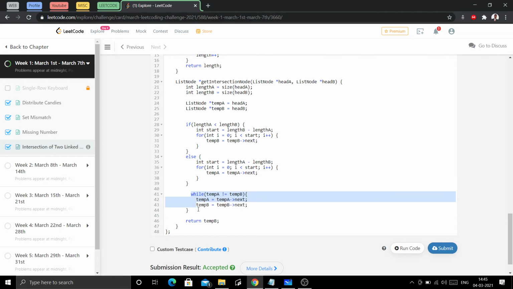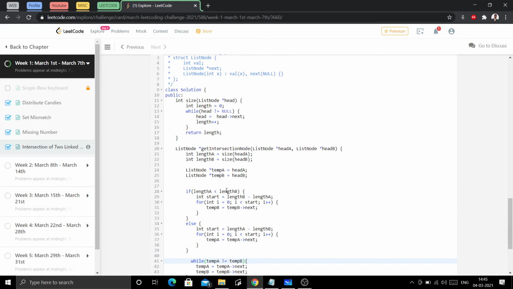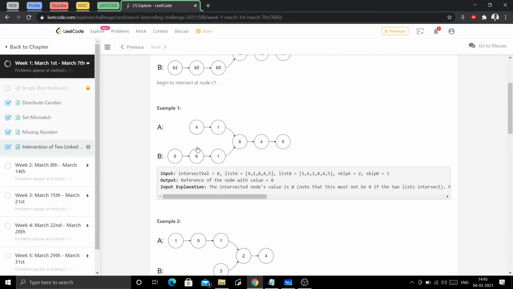In the next step, we iterate over both the linked lists step by step, and we will get to know at which point they intersect. So while temp A is not equal to temp B, we are basically comparing the nodes, not the node values. So we have to be clear about this.